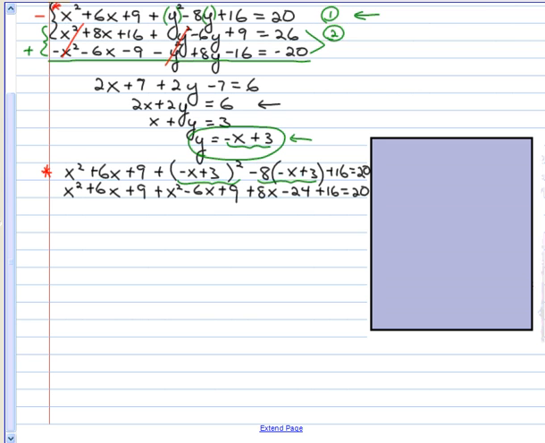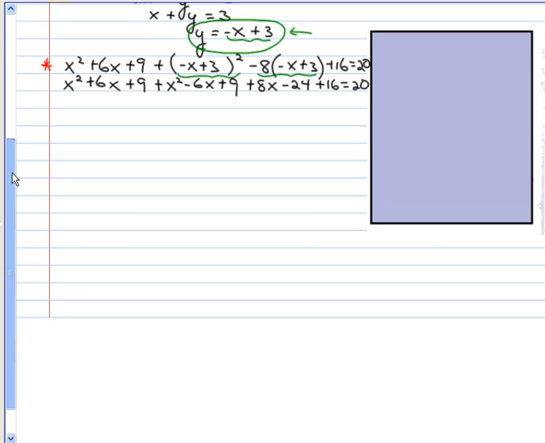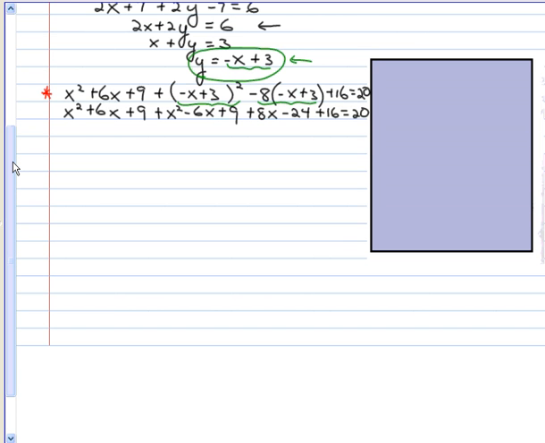I'm going to get like terms together. This is just a quadratic, a trinomial, once I get all my like terms together. x squared plus x squared is 2x squared. My x terms: I have a 6x and a negative 6x, so those are gone, and an 8x, so I end up with just an 8x.